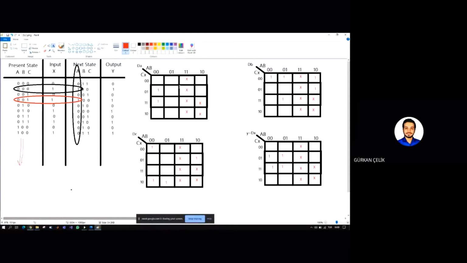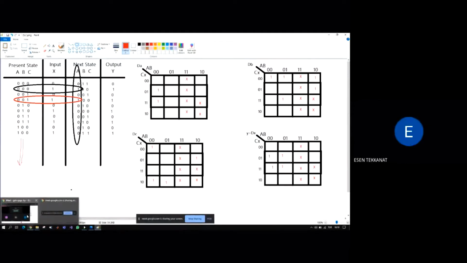So let's just be confident, Esen. Then tell me what the dA expression should be. Actually, I'm not good at writing expressions. Why? I don't know. I couldn't see it.